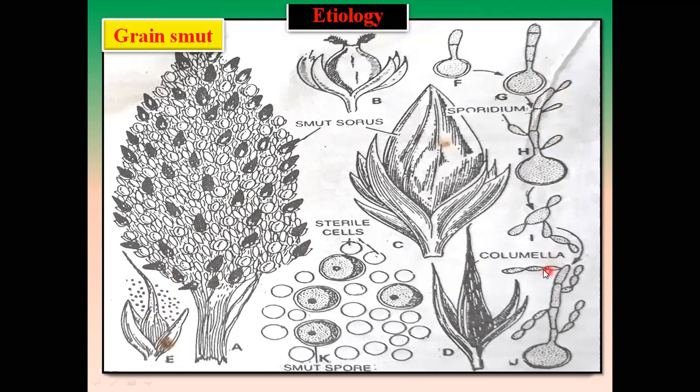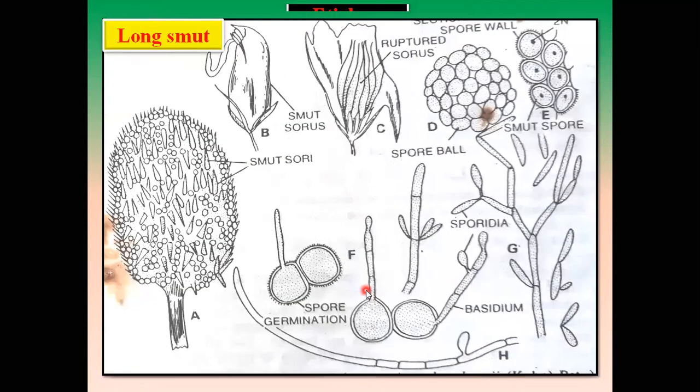This sporidia is released from the basidium and deposits directly on the healthy airheads or infects the developing grain. These developing grains become infected into smut sori. This is the smut spores, means sporidia, and the sporidia is always oval to conical in shape.